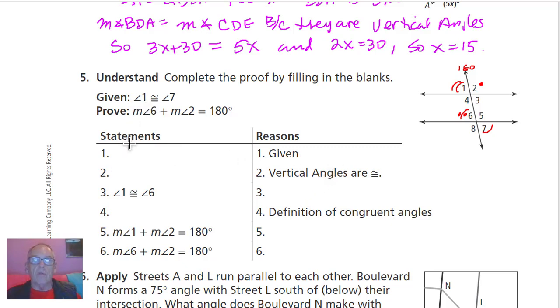So we're given that angle 1 is congruent to angle 7. That's our given. Then we want to say that angle 6 and angle 7 are congruent. Angle 6 is congruent to angle 7.